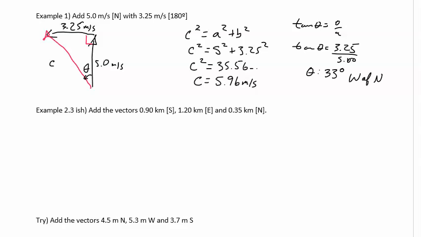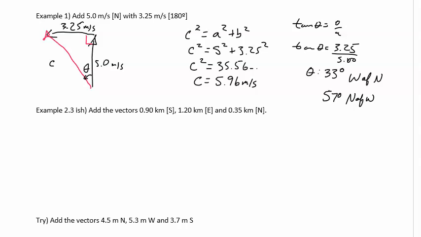Another way we could have written that, you may have, for example, done the west first and then the north. You would have wound up with an angle of 57 degrees north of west.